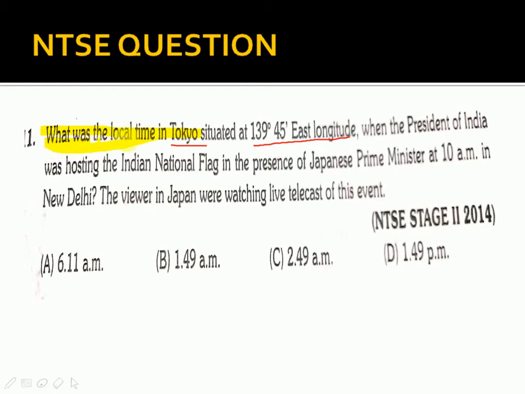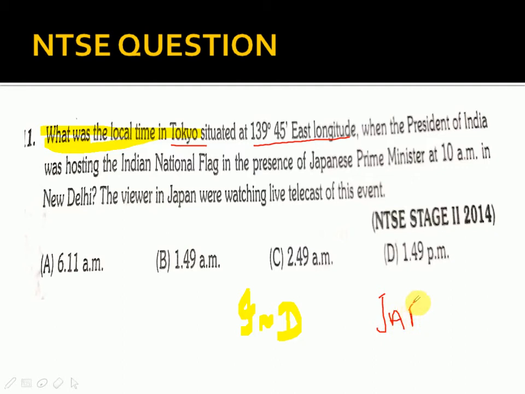Now, to address this, I just want to ask you a very simple question. I told you that the sun rises in Arunachal Pradesh. It rises from the east. So Tokyo, which is located in Japan, is to the east of India. So if you have this as India, then here we have Japan.